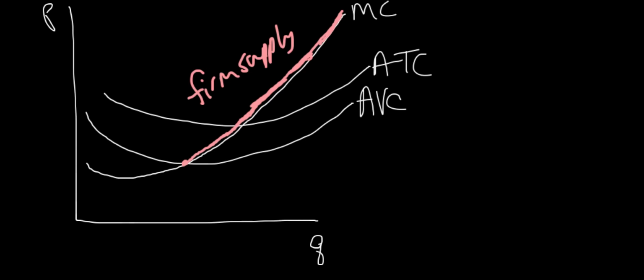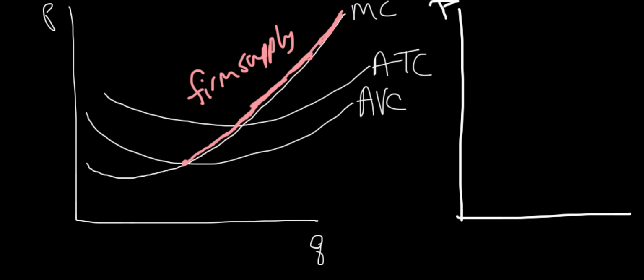So then when you want to extrapolate that to the market supply curve, all you have to do is take every firm. You can hypothetically imagine that you could take every firm. Let's say that this minimum price over here was $3. I just invented that. So what we know then is that for the market supply at $3, there will be some quantity supplied by this firm, and let's just assume all the firms are identical.